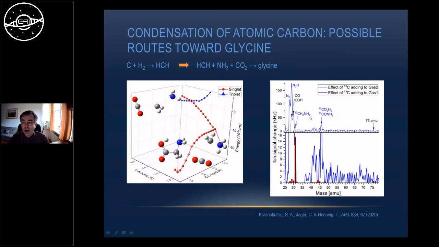And the effect of the addition of carbon atoms to this ice cluster you could see in this mass spectrum. This mass spectrum shows the formation of the peaks which belong to glycine, and it supports the feasibility of this pathway of glycine formation.